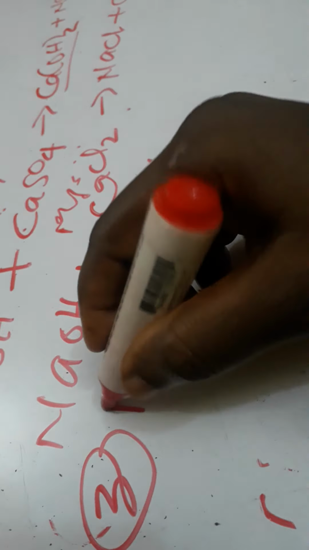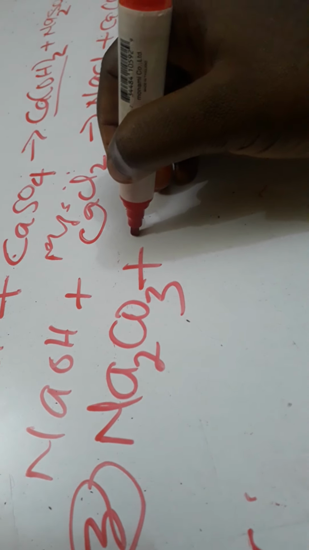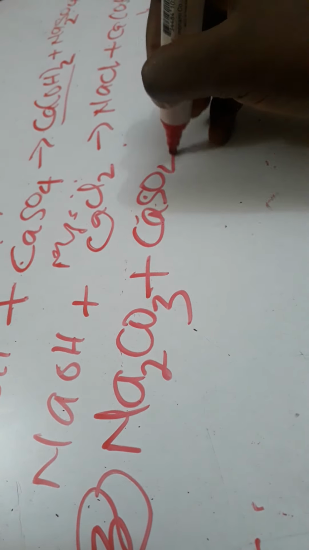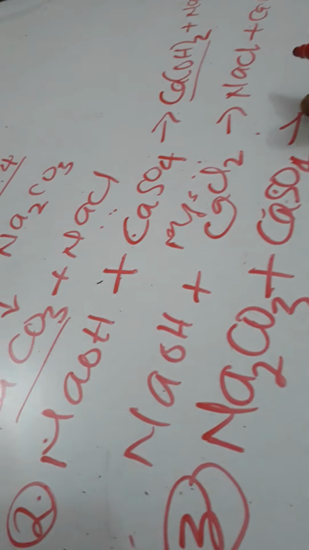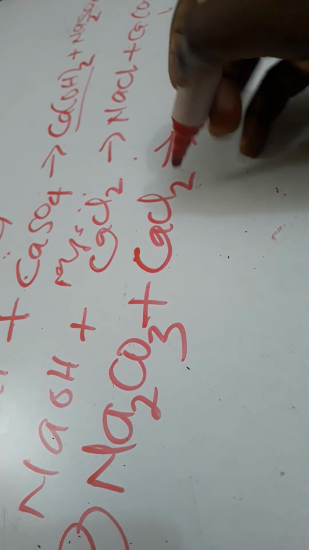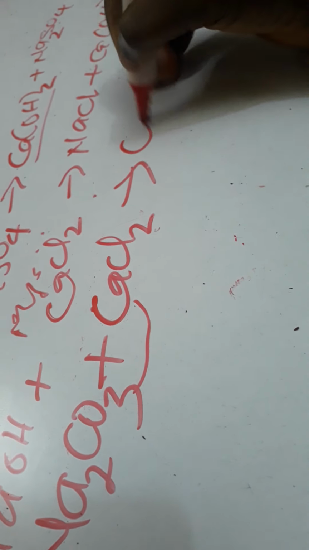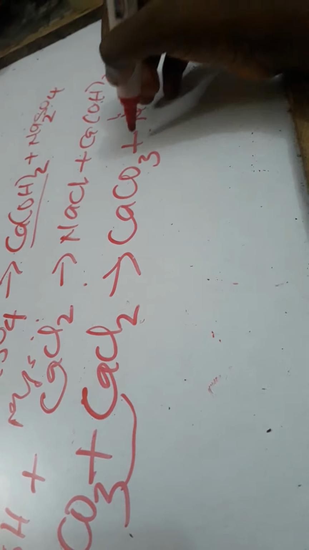We can also use washing soda. Just like I said, we use this method to also remove temporary hard water. Let's assume we have calcium sulfate. Or better still, let me use calcium chloride. Now, this will precipitate out the calcium in form of carbonate, and then salt will be formed.